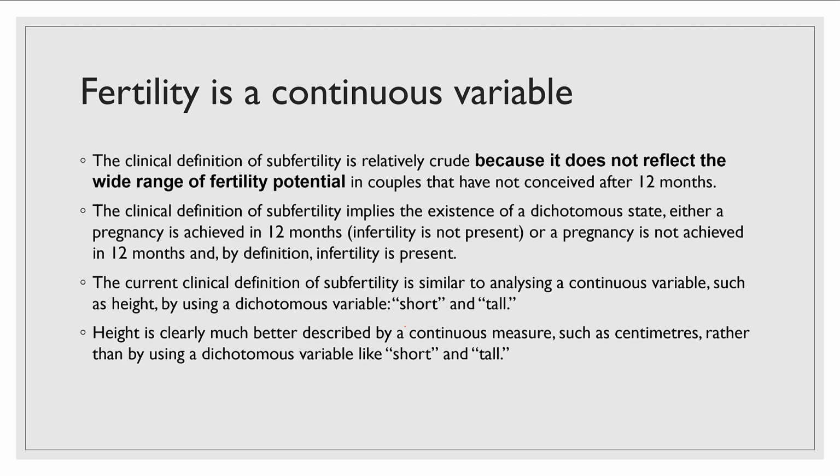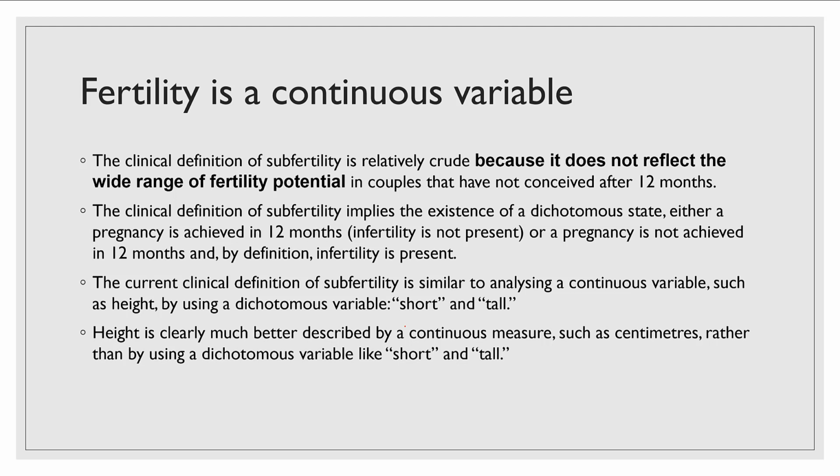Say if we take 4 feet and 10 inches as a cutoff, below that it is short, above that it is tall. It's like treating a continuous variable, which is the height, as a dichotomous variable, or dividing into 2 groups, short and tall.